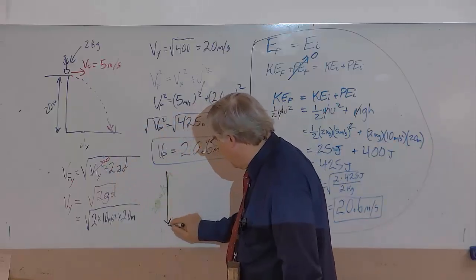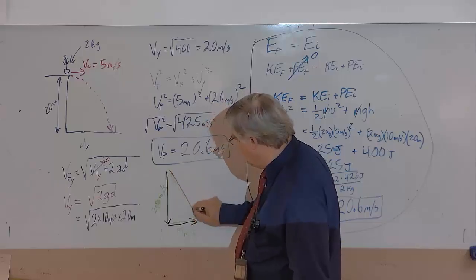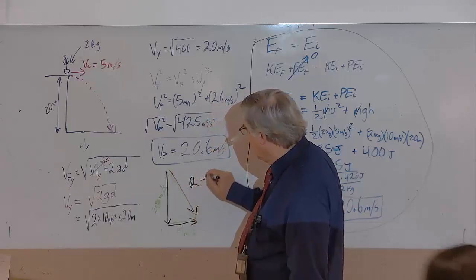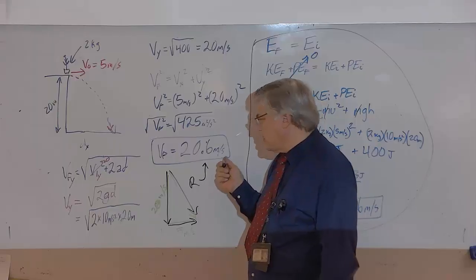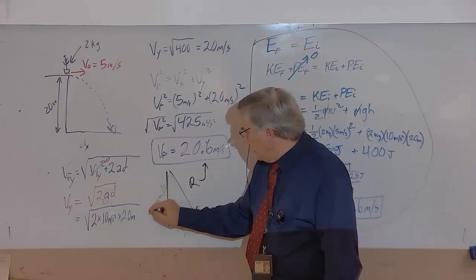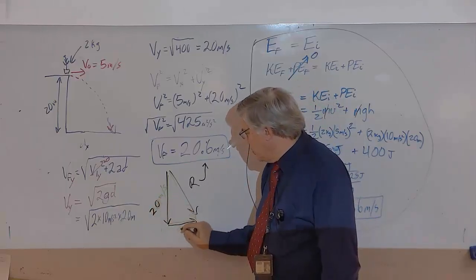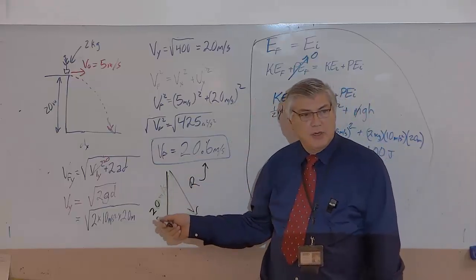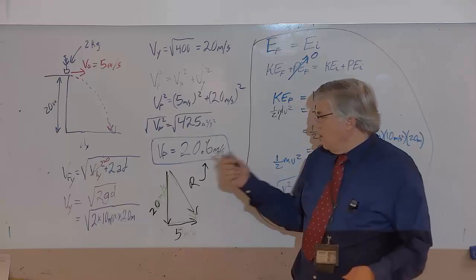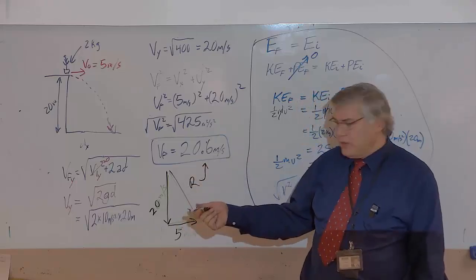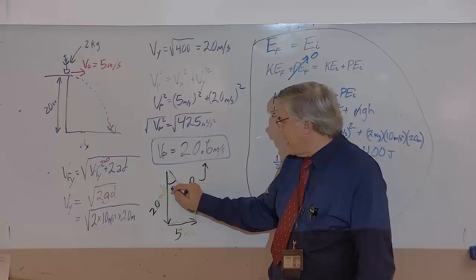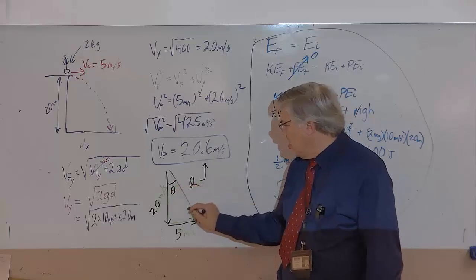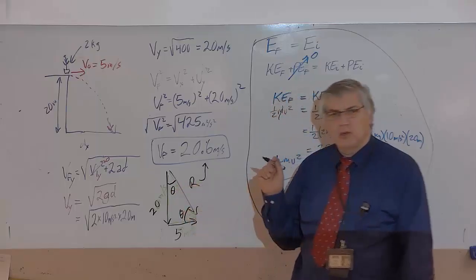So there we go. The resultant was equal to 20.6 meters per second. This was 20, and this was 5. Those were my x and y, or y and x numbers. With doing it with kinematics, I can separate this out, and I could solve for, say, this angle or this angle if I wanted to. All right?